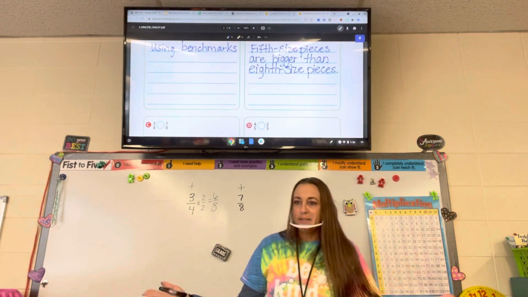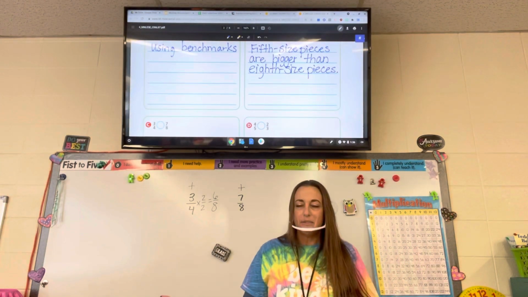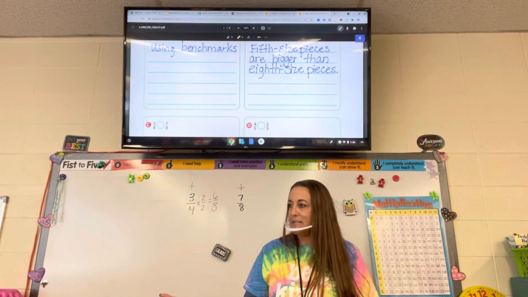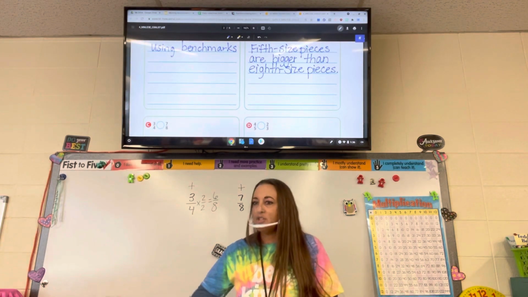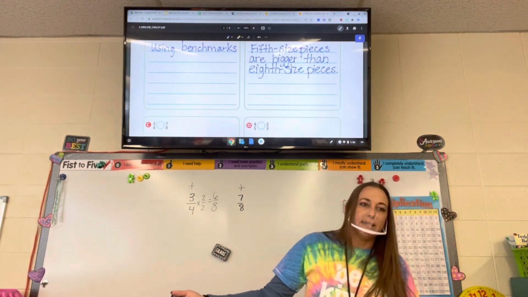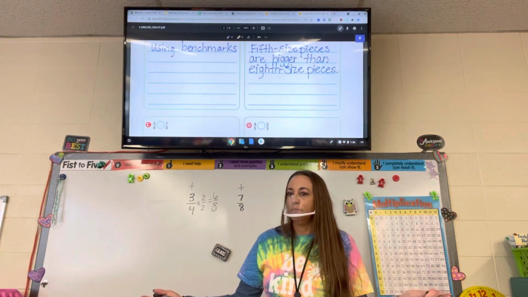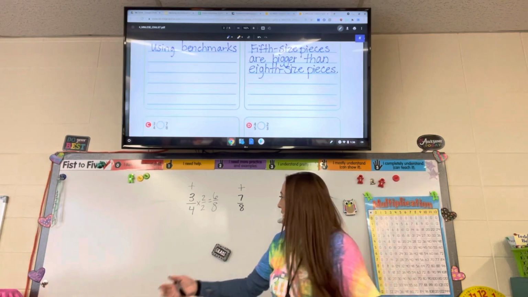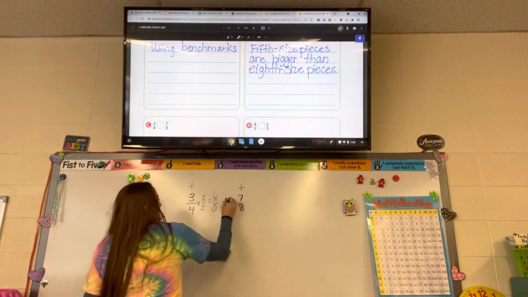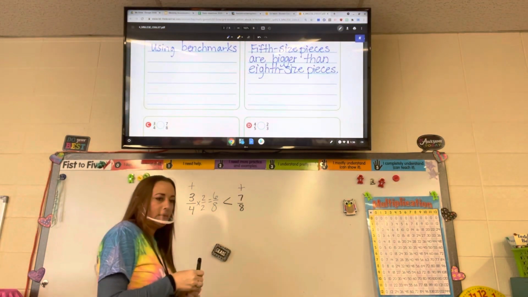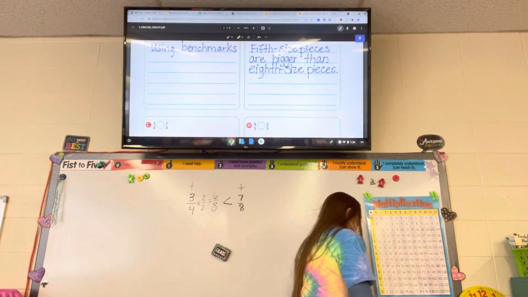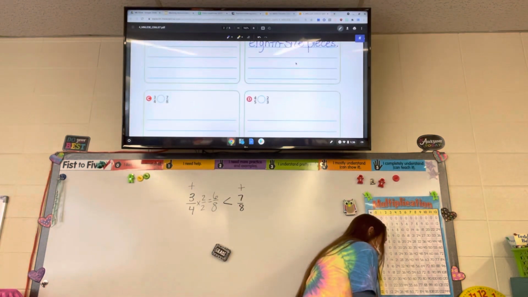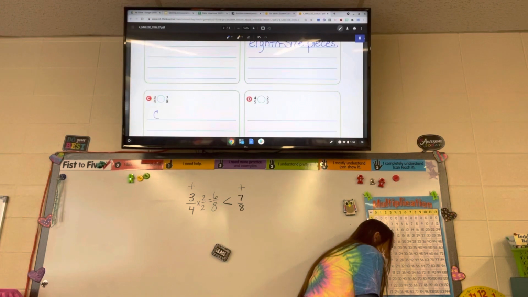We got 2 pizzas, both with 8 pieces, both the exact same size pieces. Cash eats 6, Reese eats 7. Who ate more? Reese, okay? 6/8 is less than 7/8. Got it? Okay, so on this one we used a common denominator.